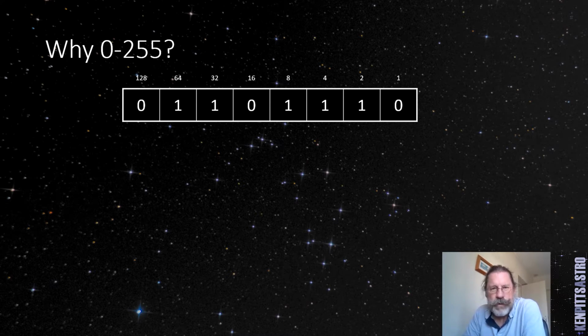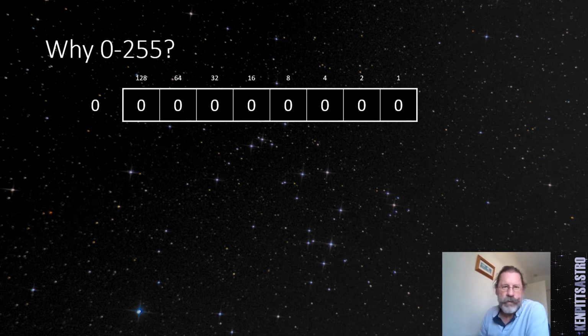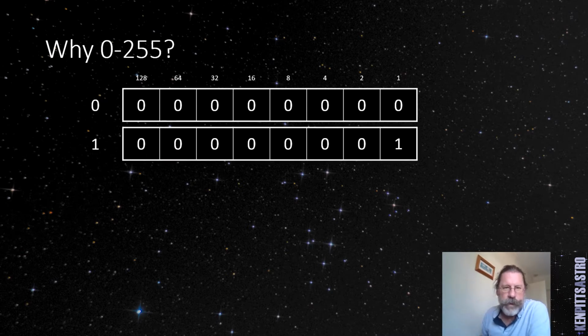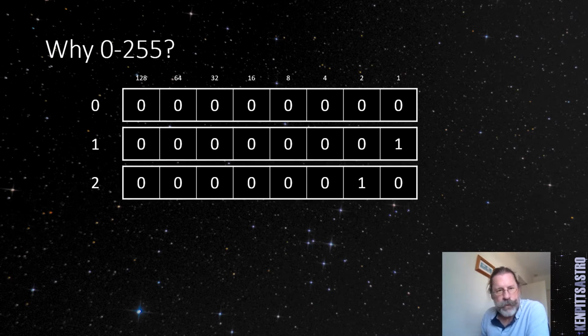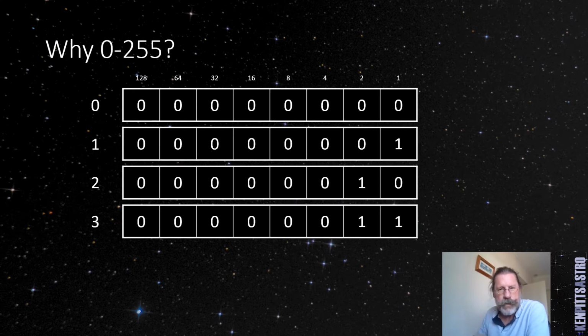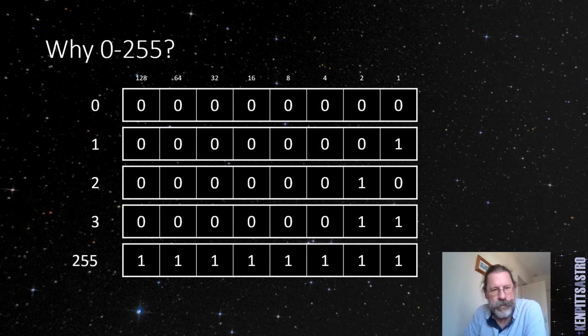And you can count with zeros and ones in much the same way that you do with tens, except that instead of going in a units column, a tens column, and a hundreds column, you go up in twos instead. The counting goes a bit like this. If they're all 0, then the number is 0. 1, 2, 3, and so on, and the pattern continues until you get all the way up to 255, when all of the columns have a number 1 in.